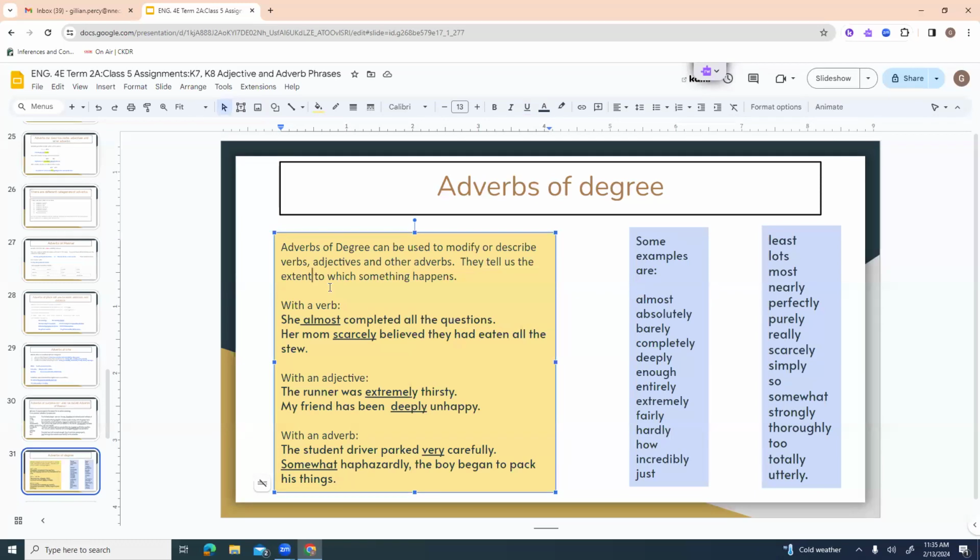The student driver parked very carefully. Somewhat haphazardly, the boy began to pack his things. Here are some other examples.